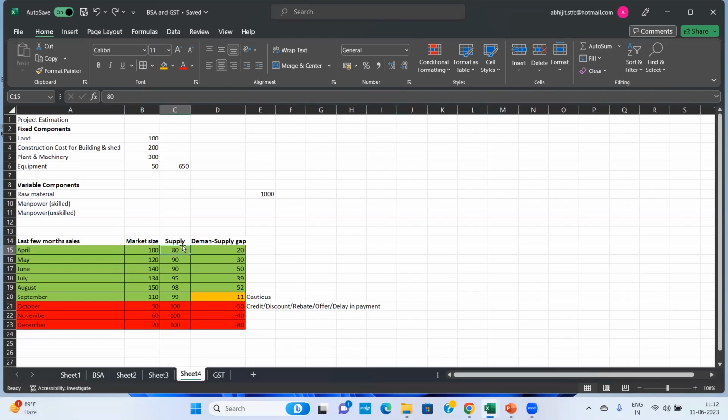Can you connect with something which I told you as a limitation of ratio analysis? Past data, correct. Now, April to December data I got for last financial year.